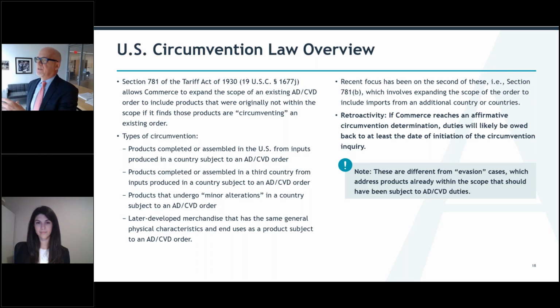The companies in China are faced with a dumping order, and they decide, okay, we're going to start producing in another country or countries, and we're going to ship some of the inputs for that production from China to the other country. Then the question becomes, under one of the provisions listed on this slide, whether or not that production that happens in the new country is only minor and insignificant.